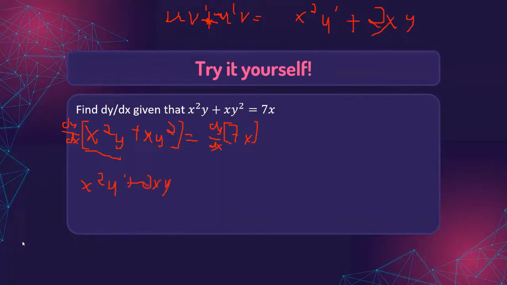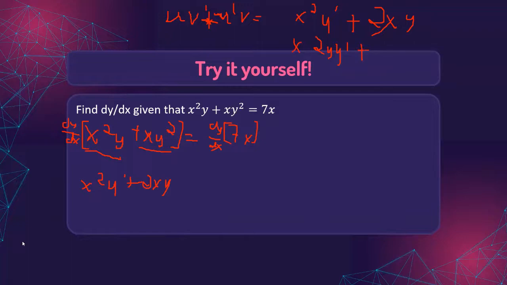Then we were asked to find the derivative of our second term. Using this formula, our u is x and our v is y squared. So the derivative of y squared is 2y y prime.